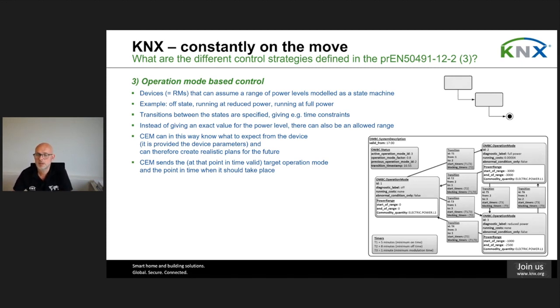It could be running at reduced power, or it could be running at full throttle. And between these different operation modes, there could be transitions. And these transitions could be restricted by so-called start timers or blocking timers, meaning you cannot start before, and it must at least run this time.